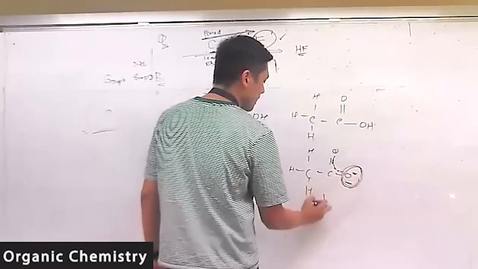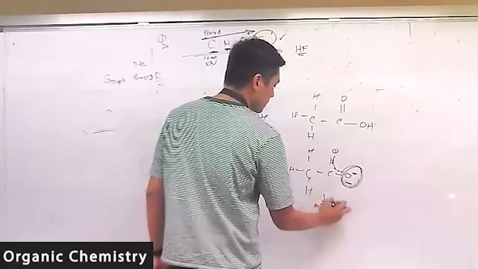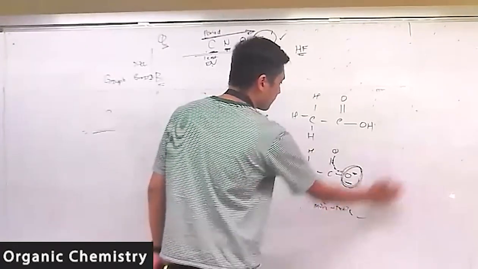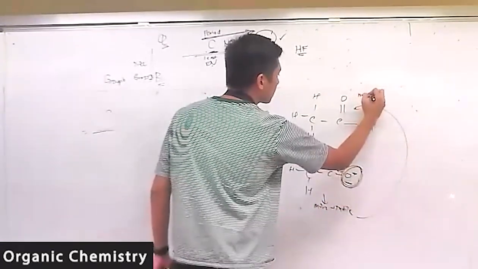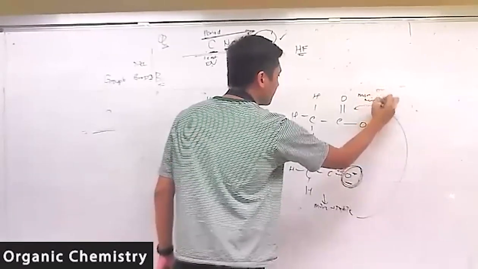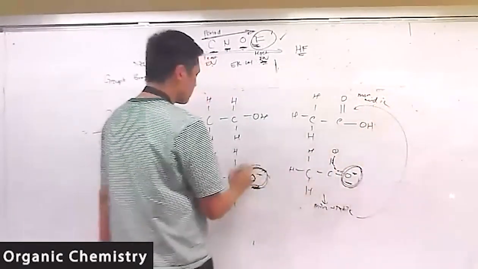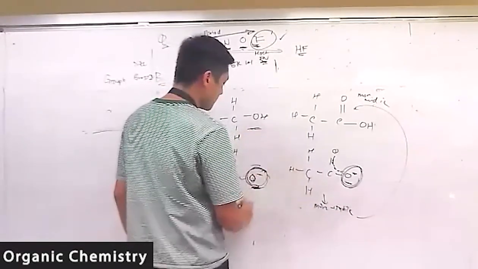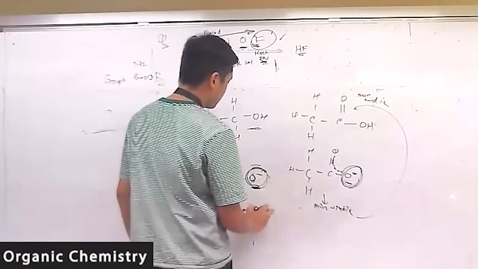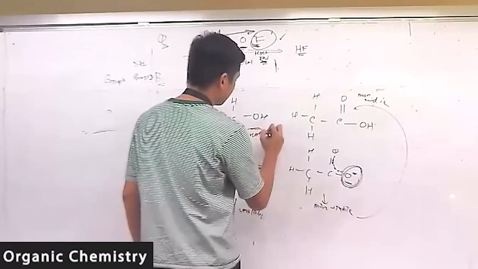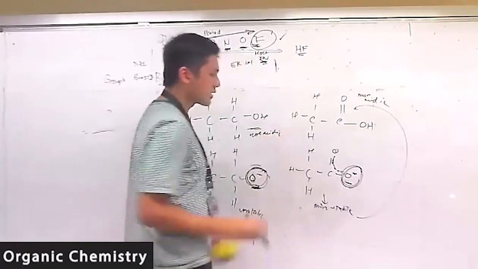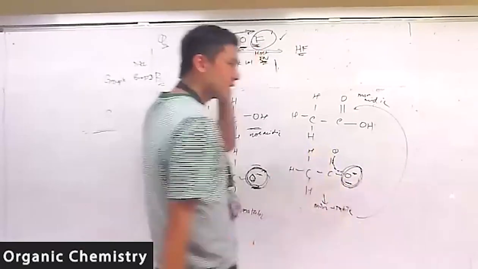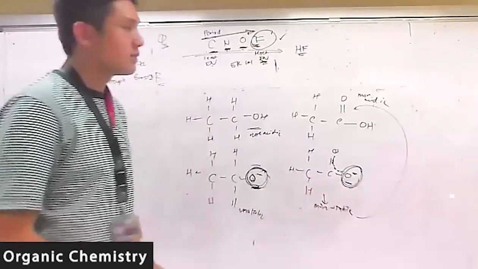Hence, this is more stable, and that makes this more acidic. Here, it is unstable because only one oxygen is carrying that negative charge. This is unstable, and this is not acidic. Okay, I hope that makes sense. So next slide, please.